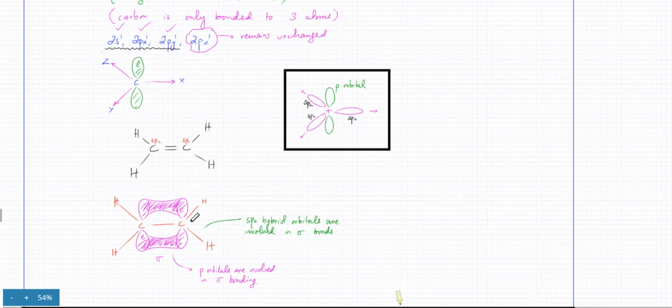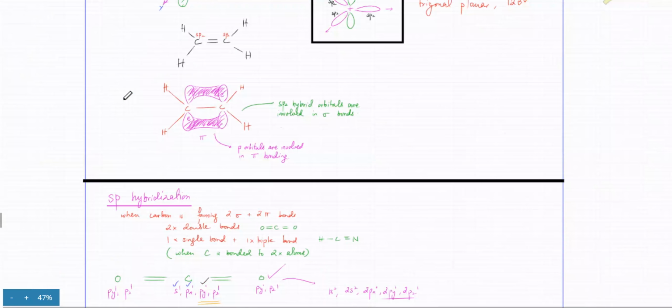I have to write the shape of this particular arrangement, and the shape is trigonal planar. It's fan shaped, and the angles are 120 degrees, because the three atoms are like a fan.